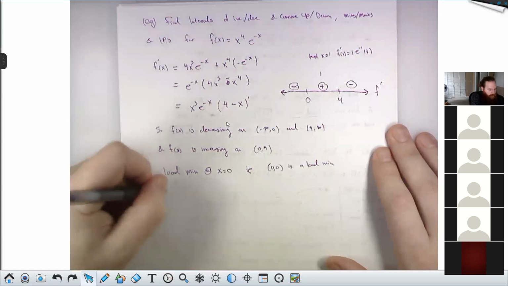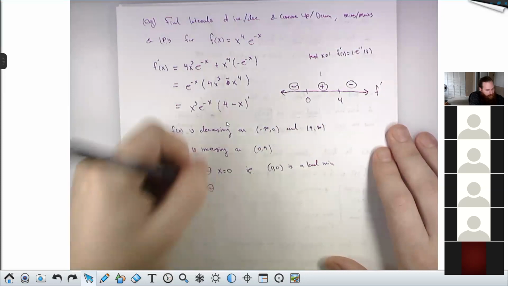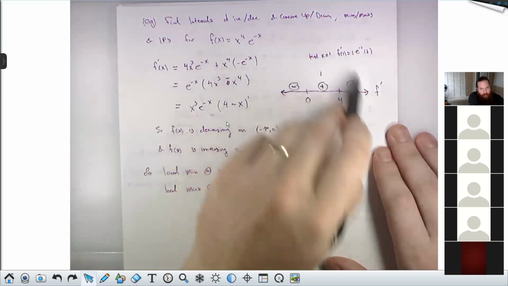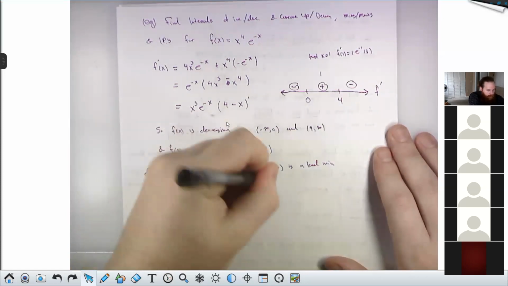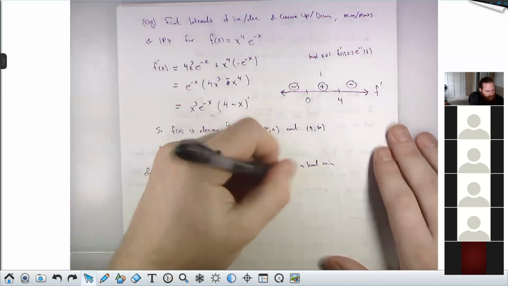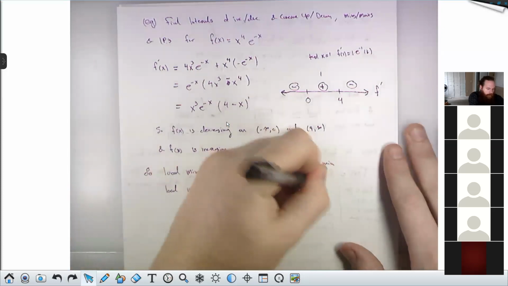I have a local max at x equals 4, because I go from increasing to decreasing at x equals 4. So i.e. 4 comma, what is that, 64 e to the negative 4? Sorry, 256 e to the negative 4 is a local max.